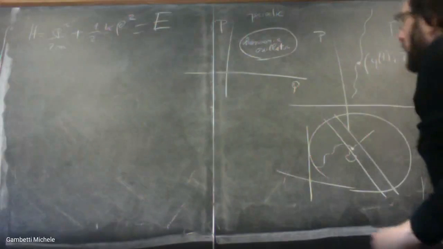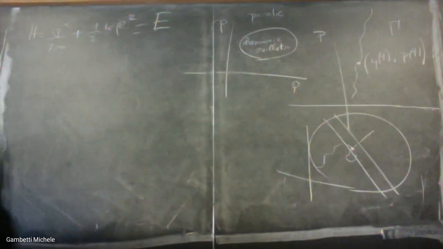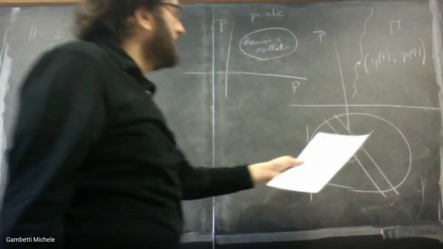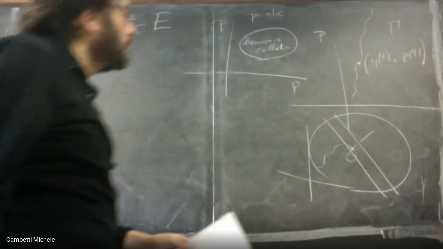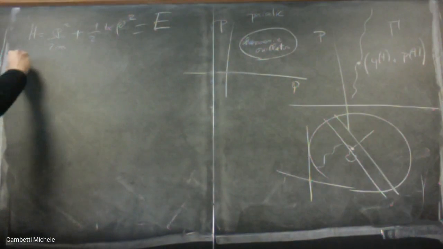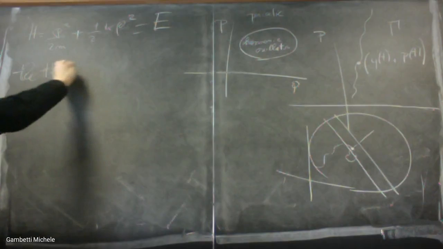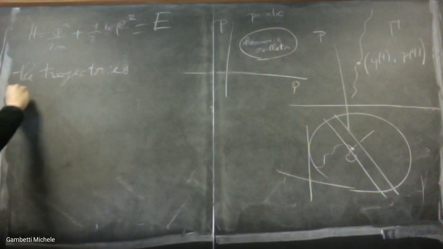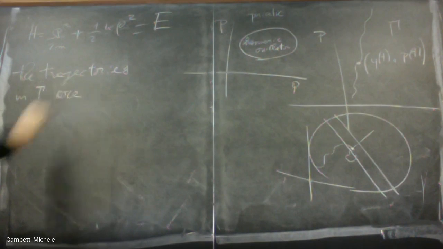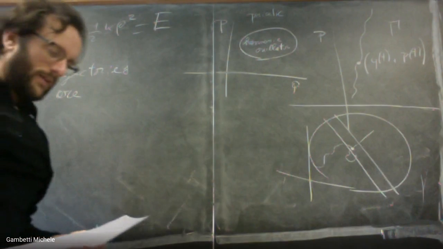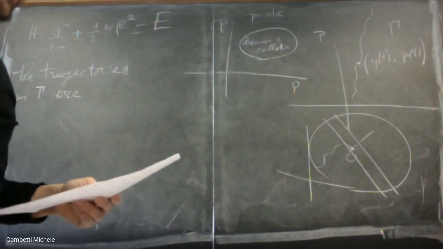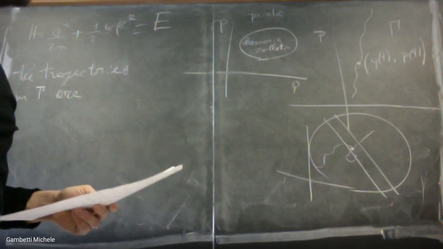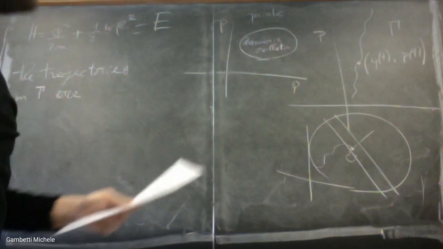Another feature, which is clear from the constraints that we have on p and q, is that these trajectories cannot go everywhere. In the sense that they are limited, they can explore a limited volume of the whole phase space.